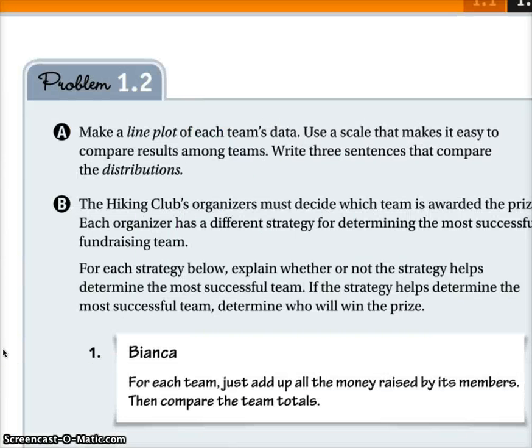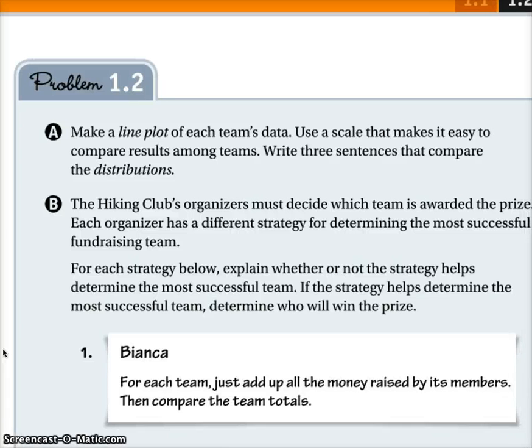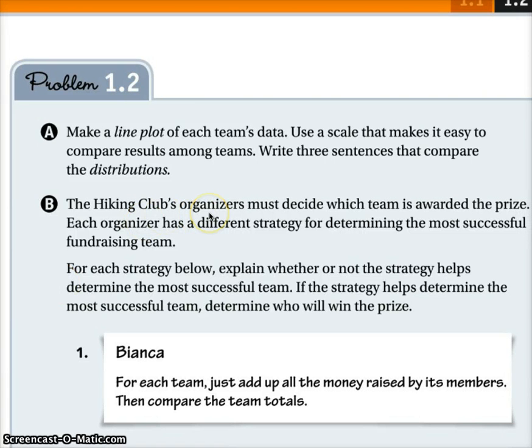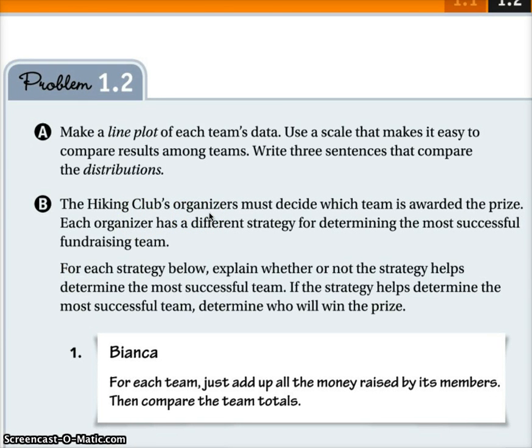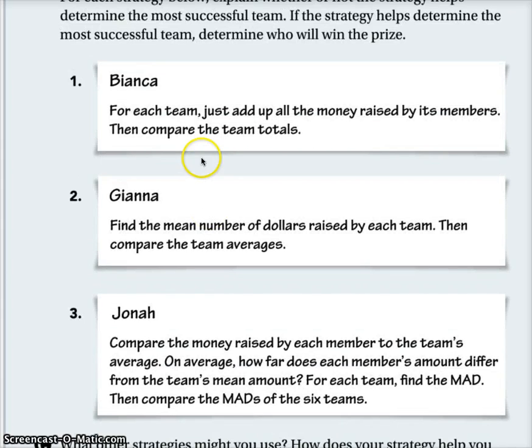And it says for each, the hiking club organizers must decide which team is awarded the prize. Each organizer has a different strategy for determining the most successful fundraising team. So this is the B1, B2, B3. For B1, add up all the money raised and you can put the answer for B1. For B2, you're going to find the mean number of dollars raised for each team.